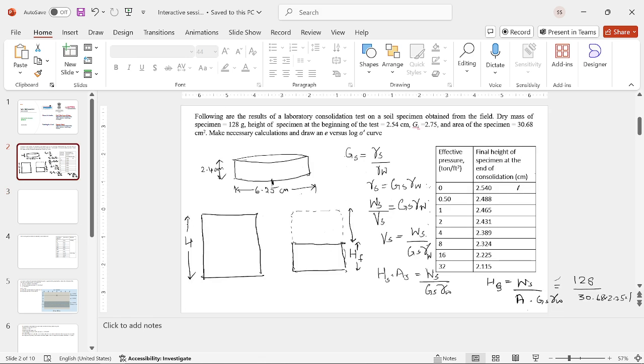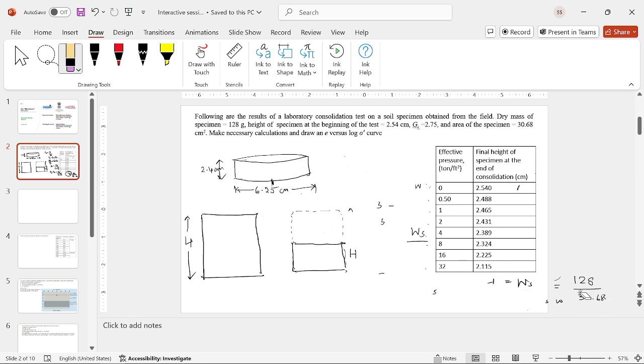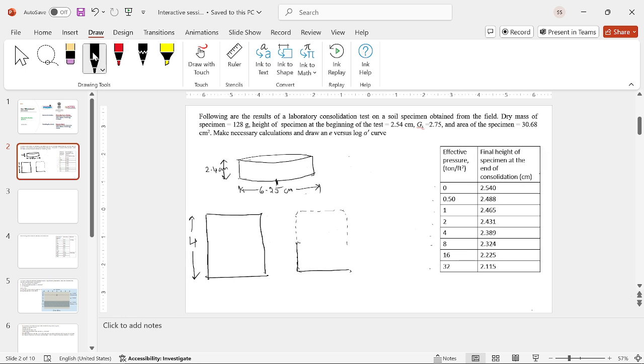So if this is the height of solid, let me actually reframe here. If we assume that the area of solids is equal to the area of the specimen, here we will have some voids.